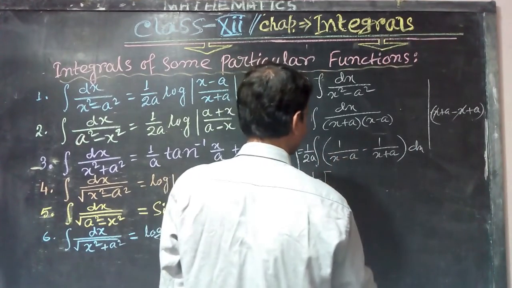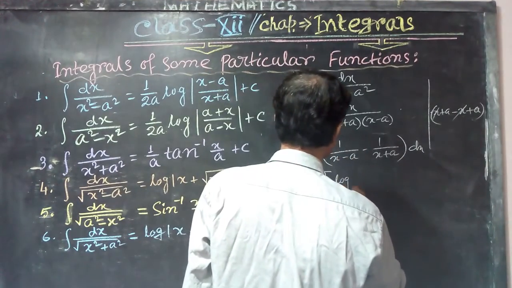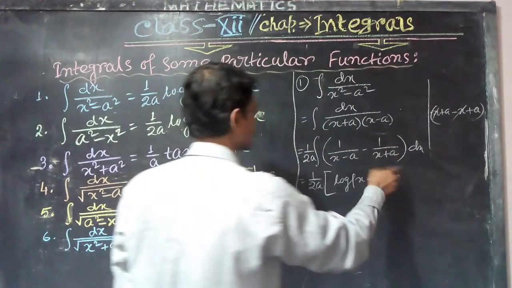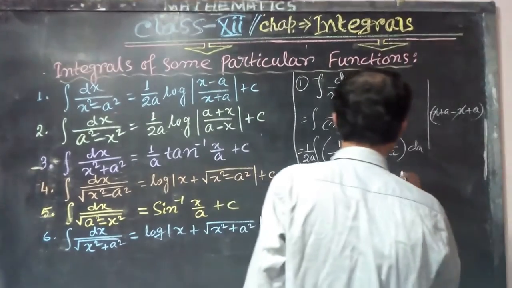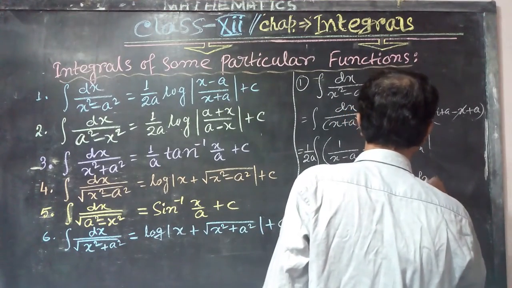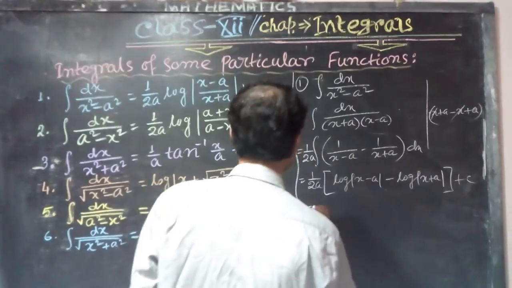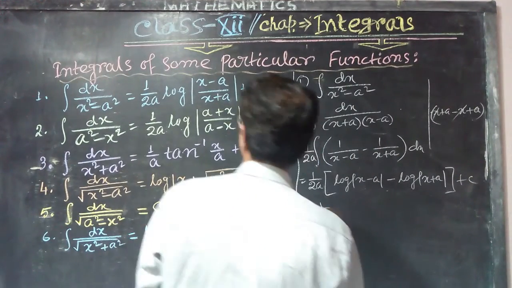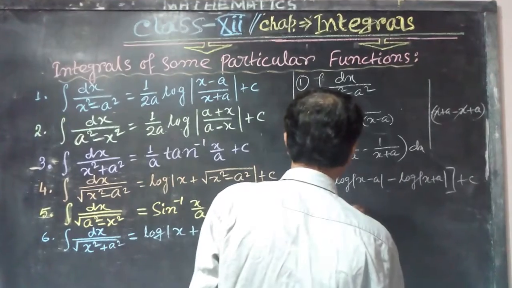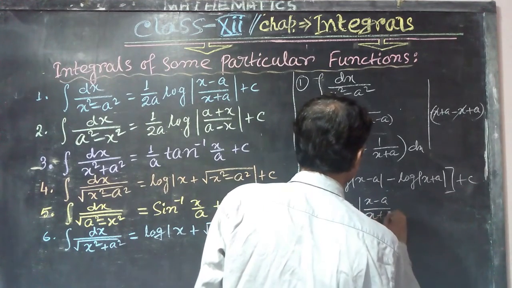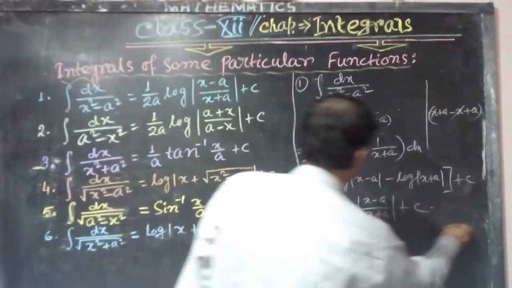Integration dx by x minus a means log mod x minus a, minus integration dx by x plus a means log mod x plus a, plus c, equal to 1 by 2a log mod x minus a by x plus a plus c.